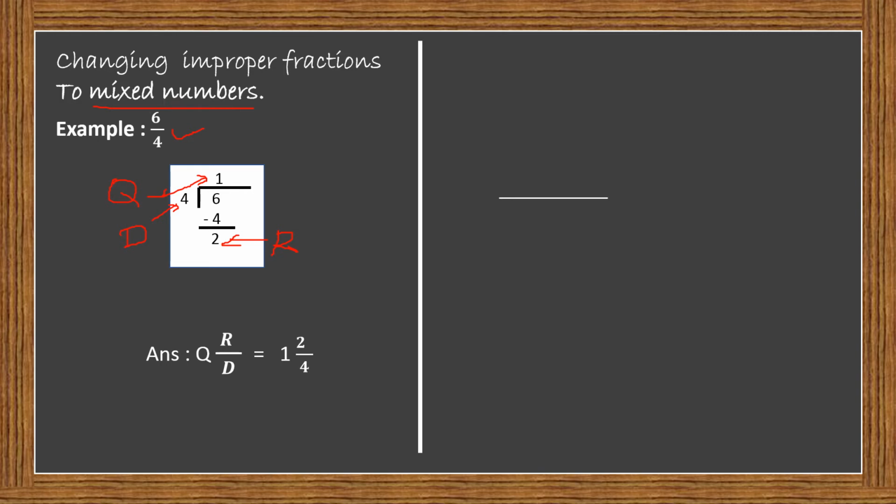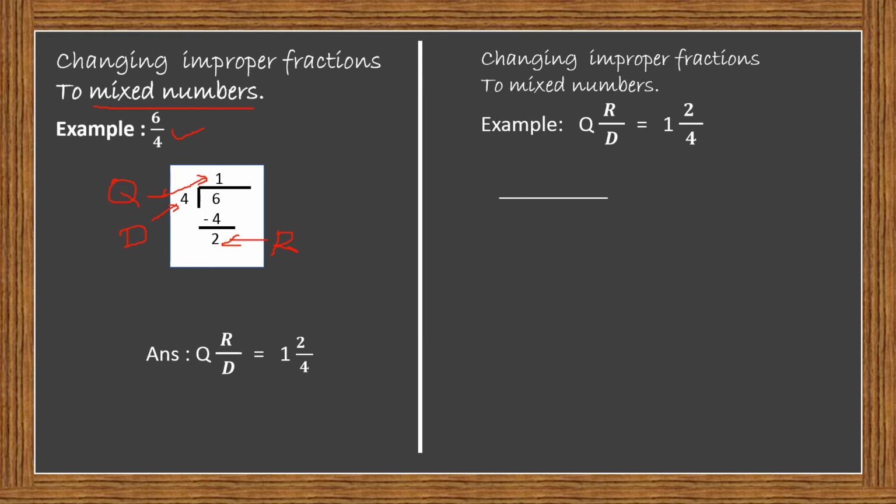Now, when we are changing this mixed number to an improper one, how are we arranging that? Let's see. We have taken the same example, that is Q into R upon D, that is 1 into 2 upon 4. So we have to multiply these two numbers 1 and 4 and we have to add 2 to it. And you have to write down the denominator as it is. So it can be written as quotient into divisor plus remainder upon divisor.